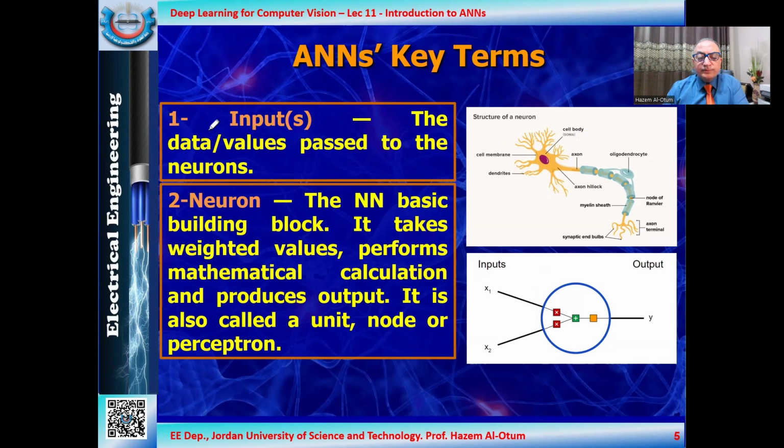We'll talk about this later on. And these calculations and mathematical operations can be done in the neuron. Then after that, we can get the output to the next step in the neuron here, as you can see in our model. Maybe not very clear, but we will discuss this in detail. This neuron is called a unit or node or perceptron. These have the same meaning.